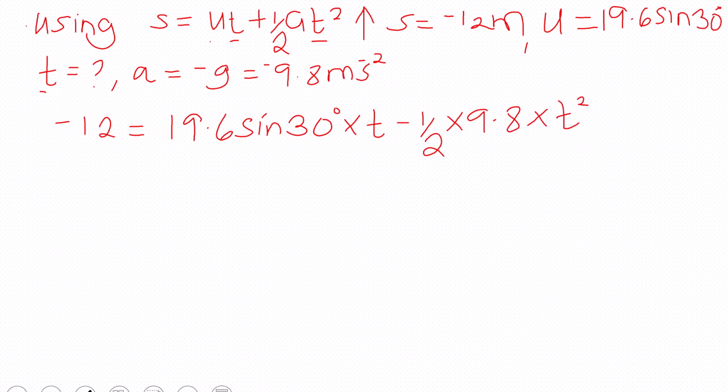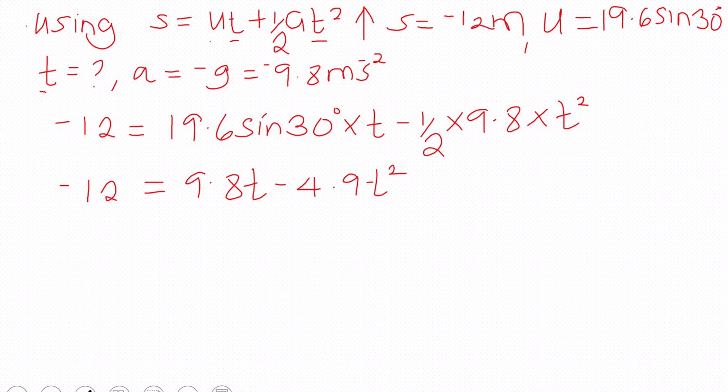If we try to simplify this, we will have negative 12 equaling, sine of 30 is 0.5, and 19.6 times 0.5 gives 9.8 t, minus 9.8 divided by 2, which is 4.9 t squared.